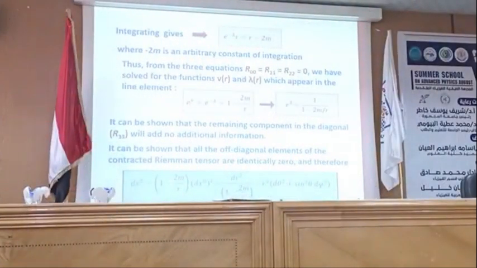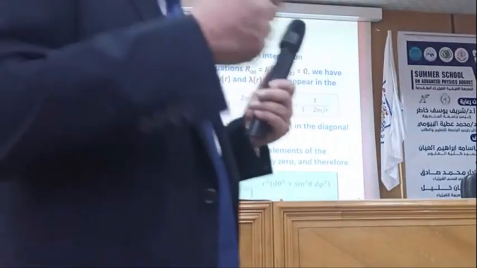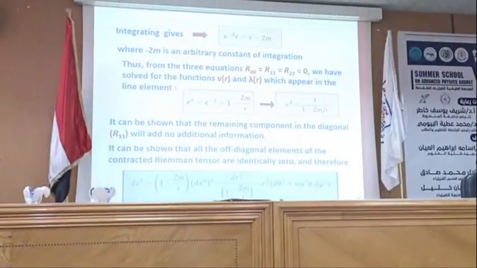I substitute back e to the nu and e to the lambda in my original line element, and I will get this equation. This is a very famous equation. Whenever you read a solution of general relativity, you find this type of equation. But in this particular case, this is called the Schwarzschild solution in free space.